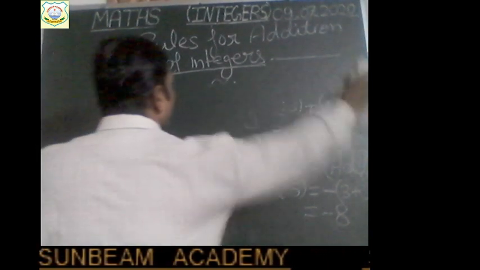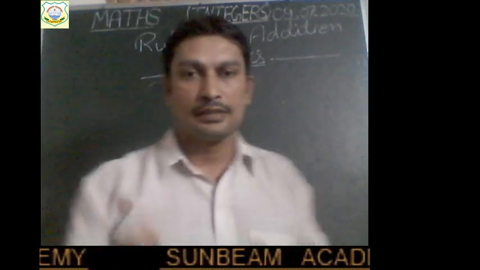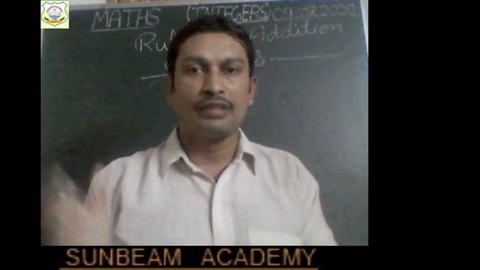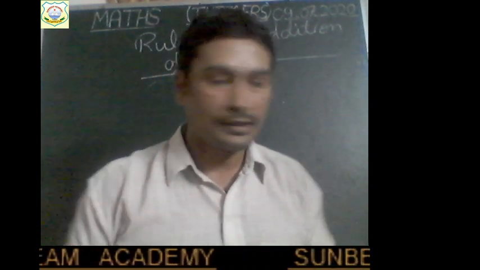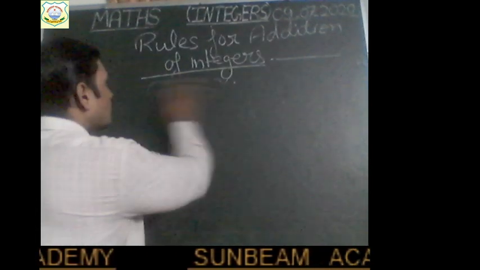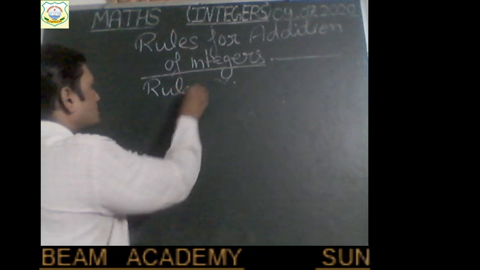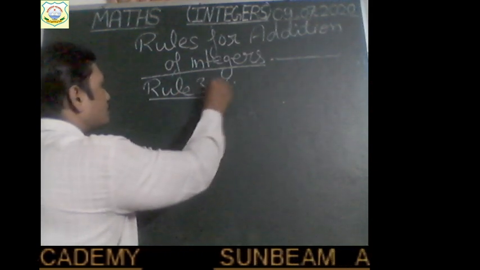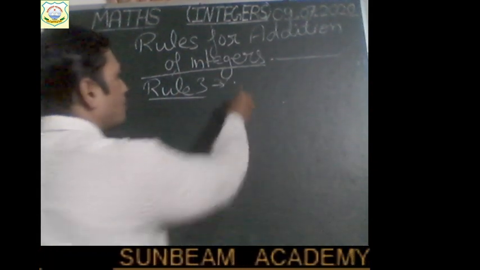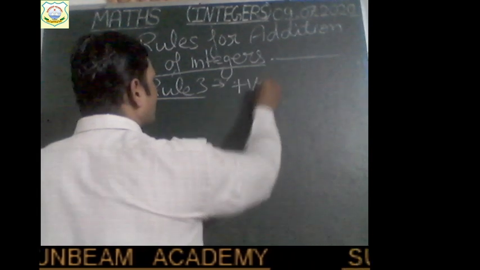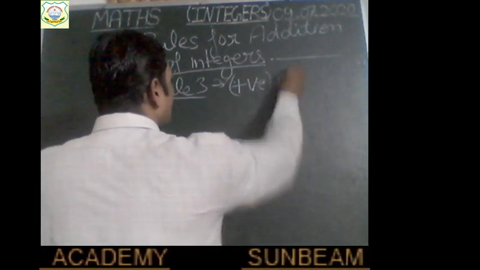Now, rule 3. What happens when we add one positive and one negative integer? Right? So, rule 3. First integer is positive and second integer is negative.